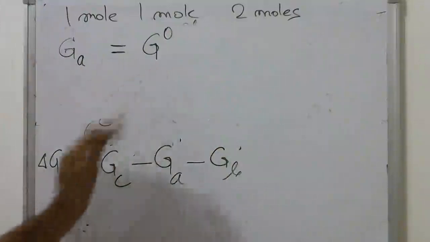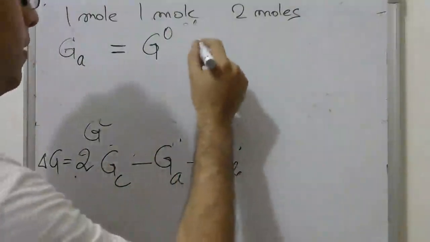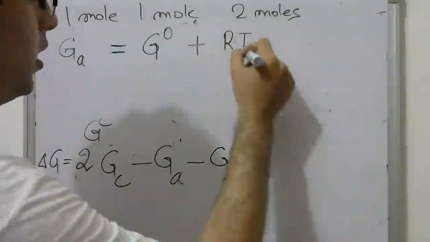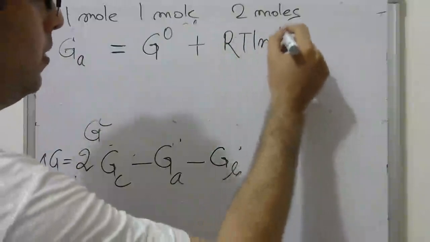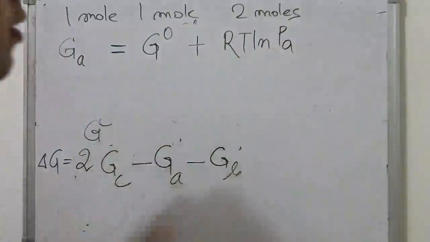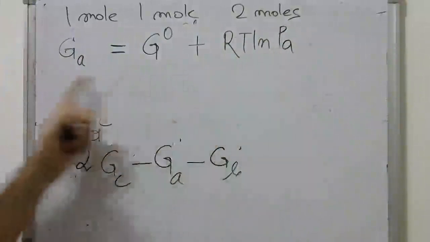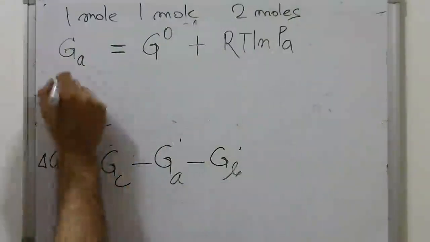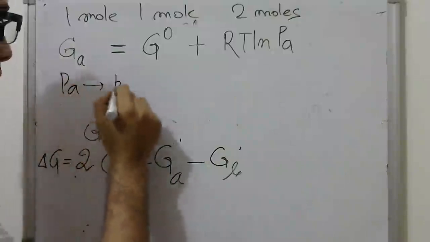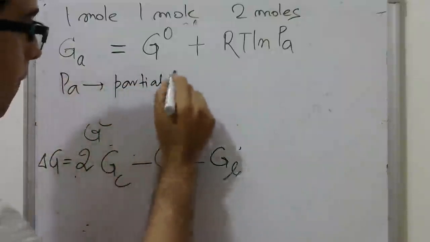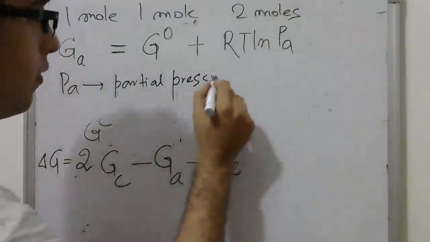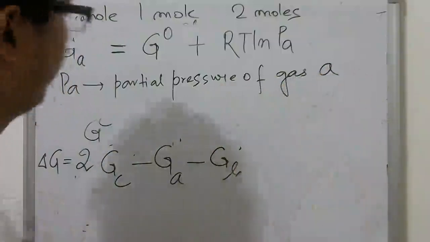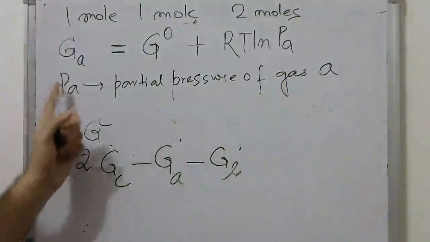GA is G0 plus RT ln PA. Now what is PA? If there is a system like this, PA is the partial pressure of gas A.